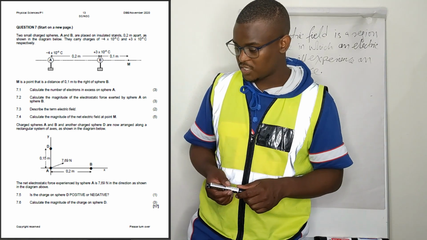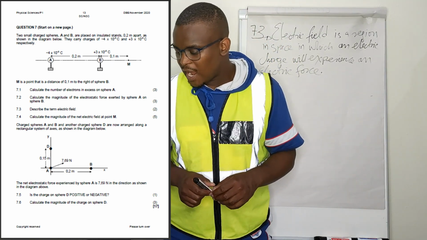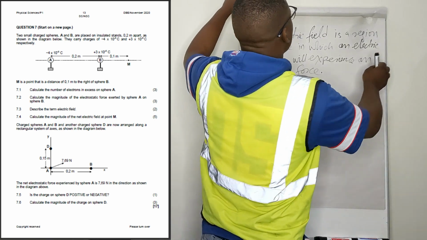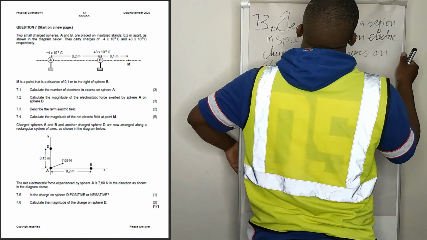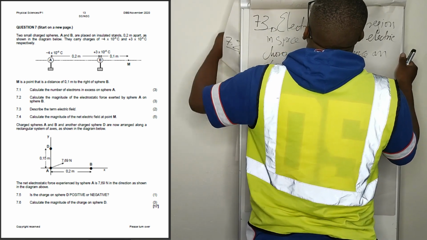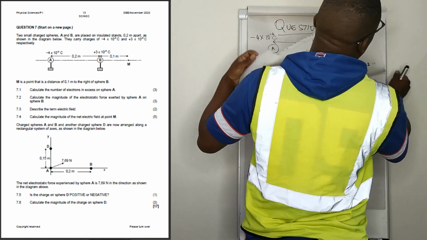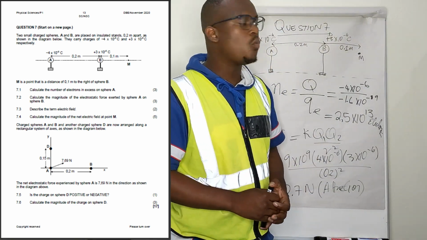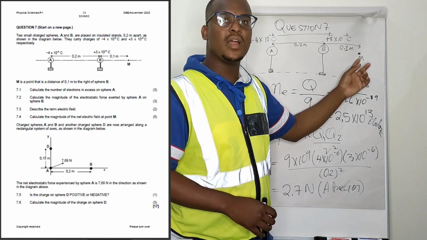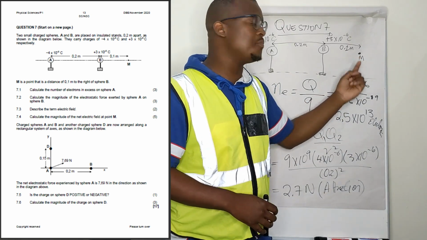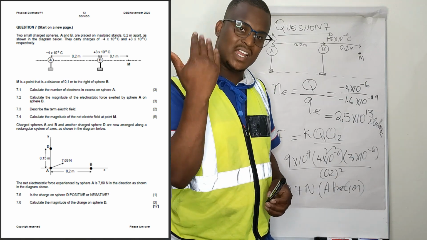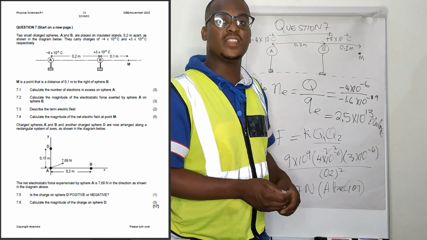So let's go to the next question. Calculate the magnitude of the electric field at point M. So they want us to calculate the magnitude of the electric field at point M here. What is the size, the electric field strength at point M?